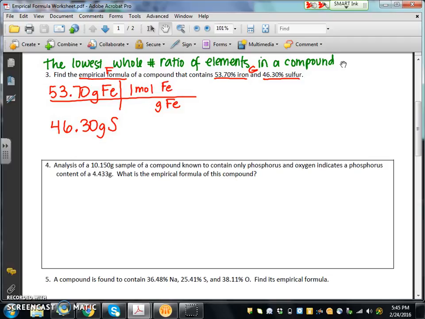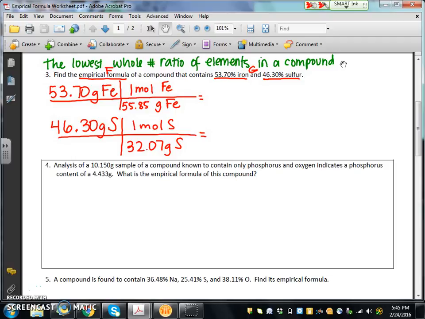So if we look at our periodic table, the mass of iron is 55.85 grams. And if I look on the periodic table for sulfur, I'll see that sulfur has a mass of 32.07 grams, and it's always equal to 1 mole of that substance.